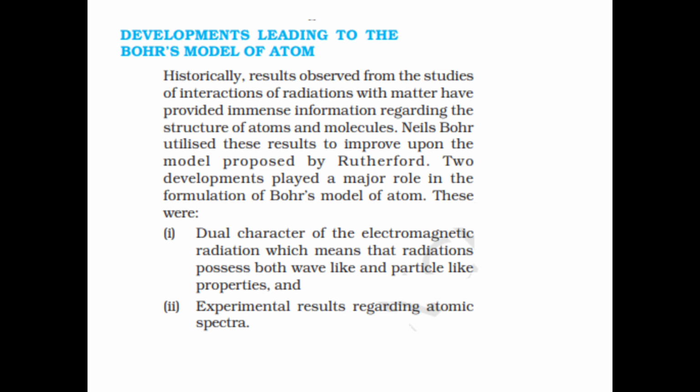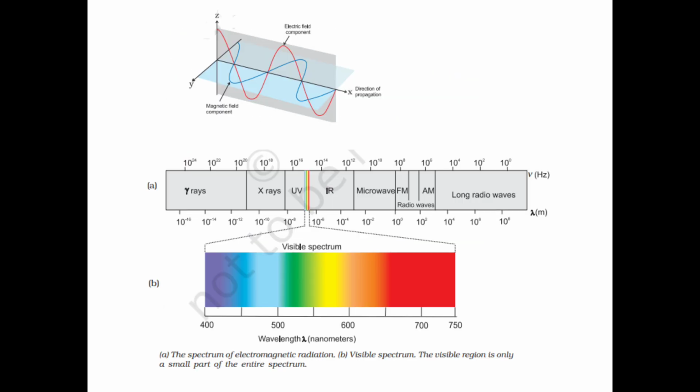Two developments played a major role in the formulation of the Bohr model. Number 1, the dual character of the electromagnetic radiation, which means the radiations possess both wave-like and particle-like properties. Number 2, the experimental results regarding the atomic spectra.